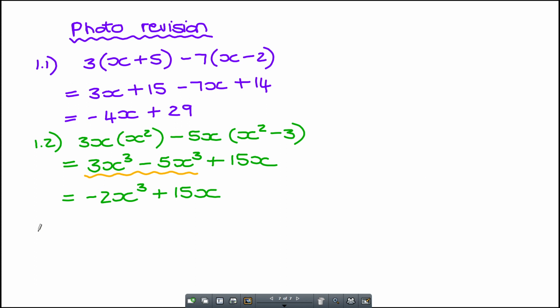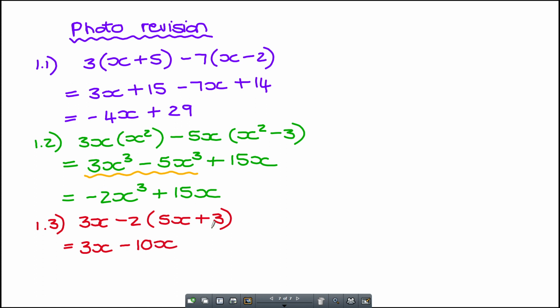Then 1.3. All right, so what do we have to multiply in with that bracket? Only the minus 2. So minus 2 times 5x will give me minus 10x. Minus 2 times 3 will give me minus 6.